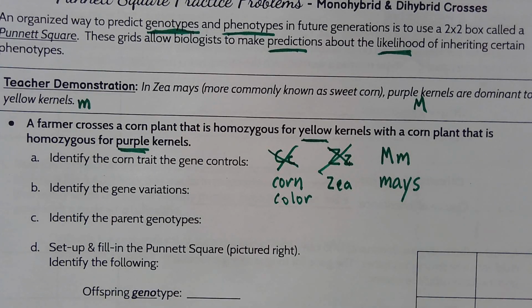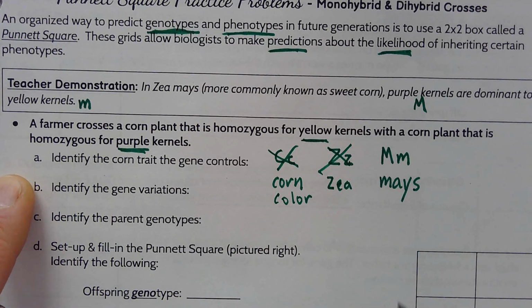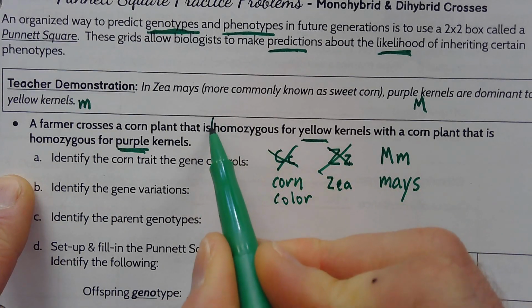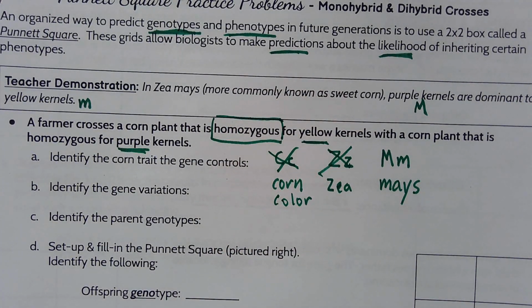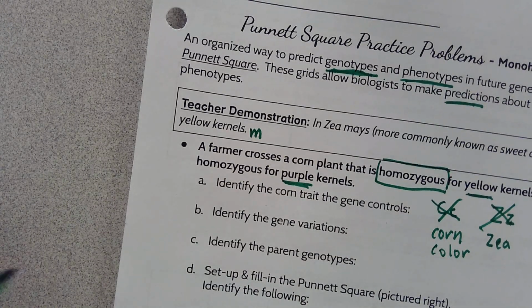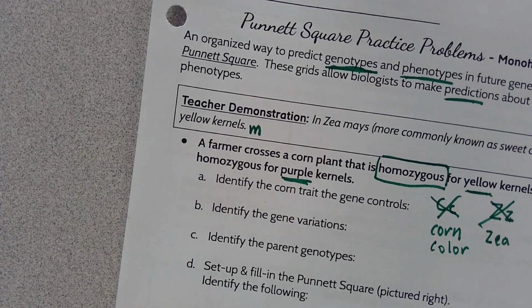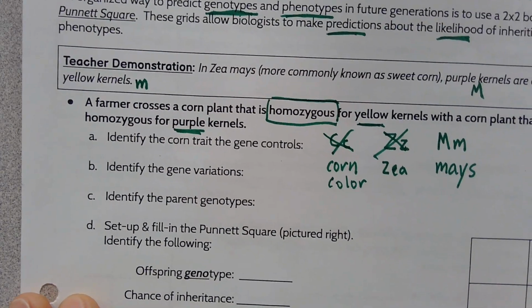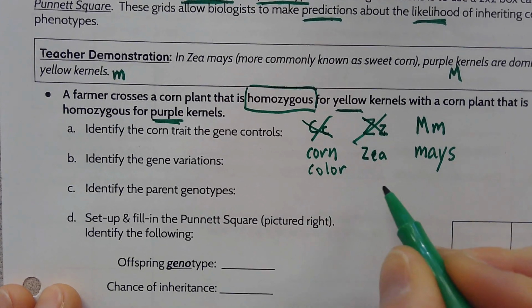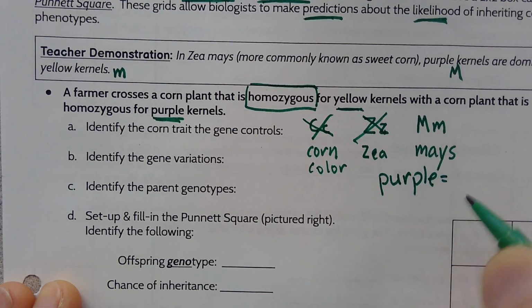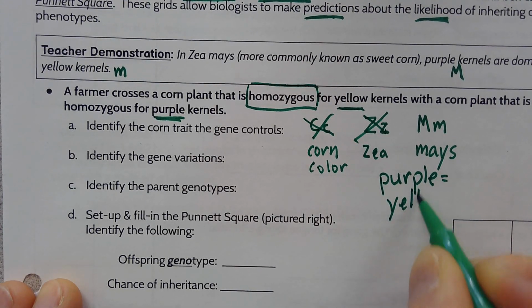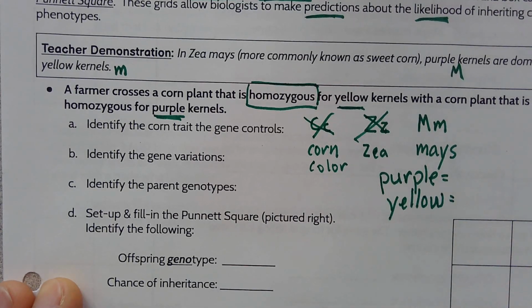All right, so for this one, we're going to talk about homozygous. So what I want you to do is look back at your vocab that we just did. All right, write down the genotype.